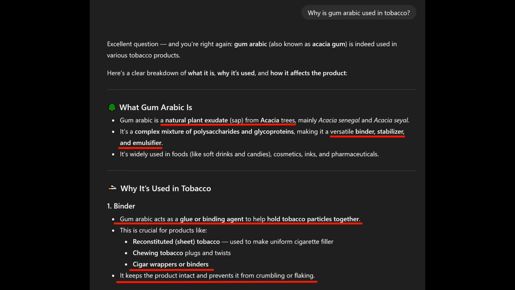It is used in cigar wrappers or binders, and we already know that if we have ever seen how a cigar is produced, especially by torcedores, those who hand roll the cigars, they are using gum arabic to bind the cigars. It keeps the product intact and prevents it from crumbling or flaking.